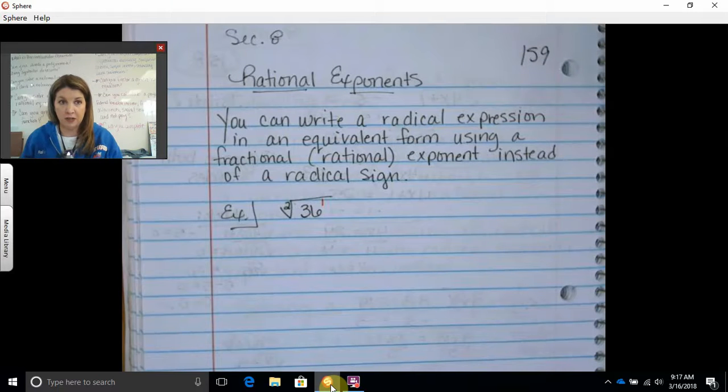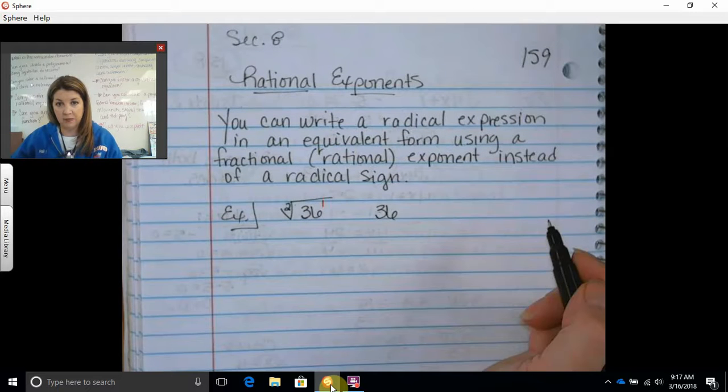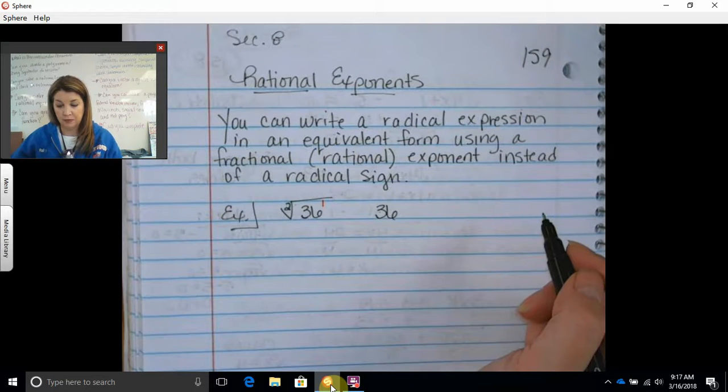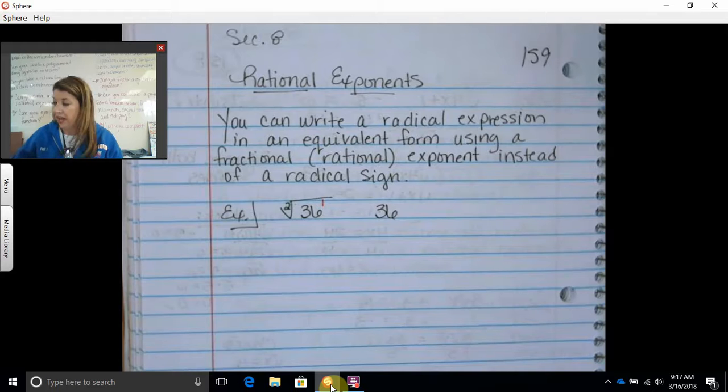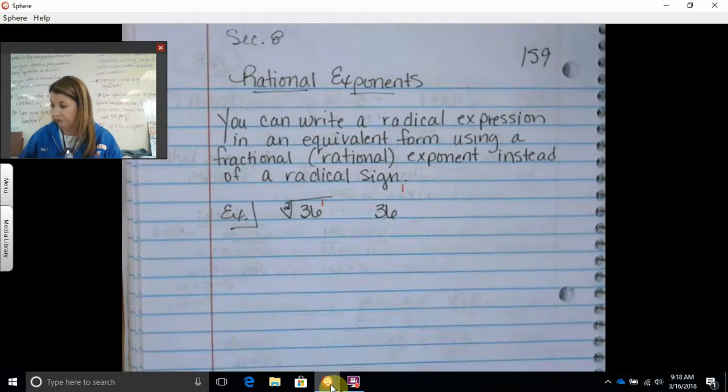So if I want to convert this to a number that has a rational exponent, what you do is you keep the base of 36. The exponent of the base is the numerator of the fraction.